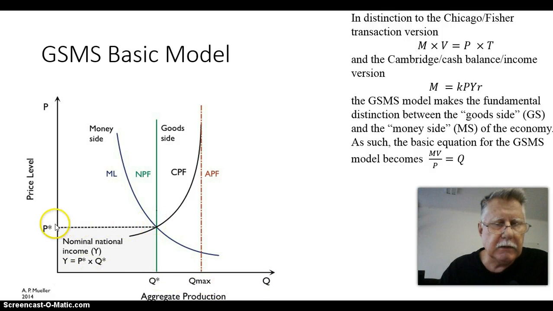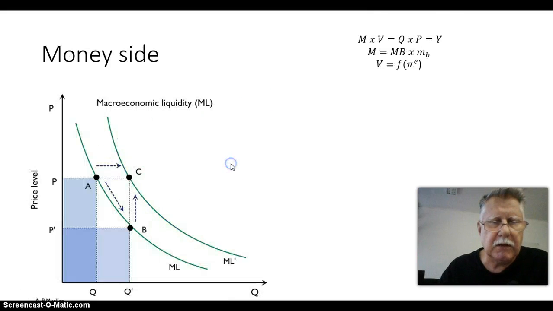Here is nominal income, national income, GDP, the money side curve, macroeconomic liquidity, and there are the natural production frontier, the cyclical production frontier and the absolute production frontier. We tried to explain these points in an earlier video, so this is just a short recapitulation.